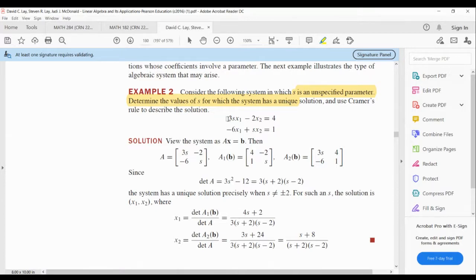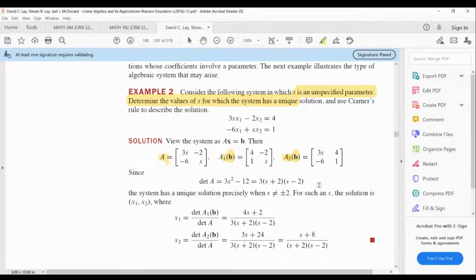So here's your 2 by 2 system, with 2 variables. Here's the system. Here's A. Here's A1B. Here's A2B. Are there any questions on how they're getting those 3 matrices? All right.